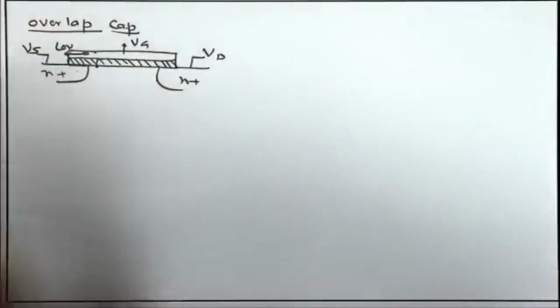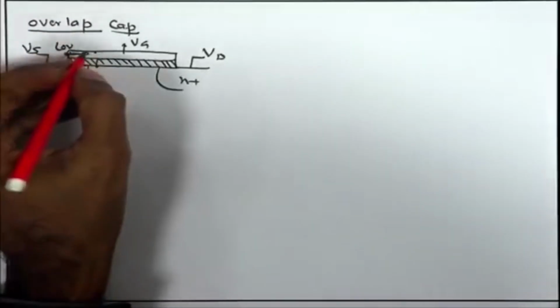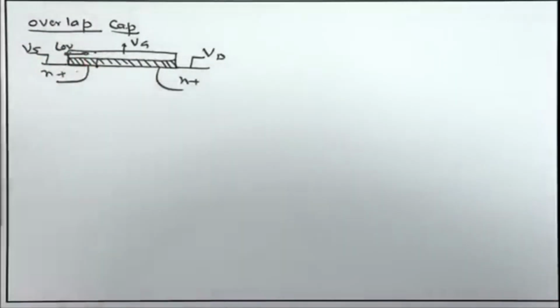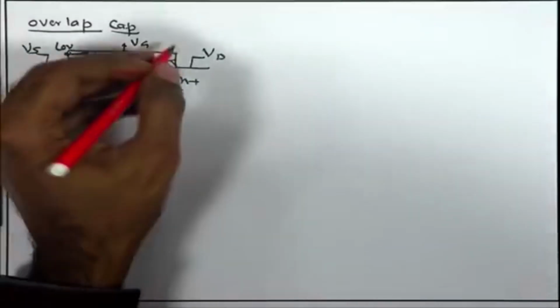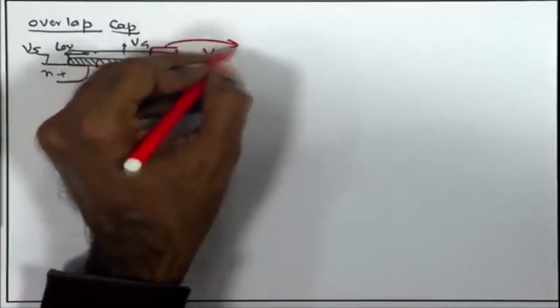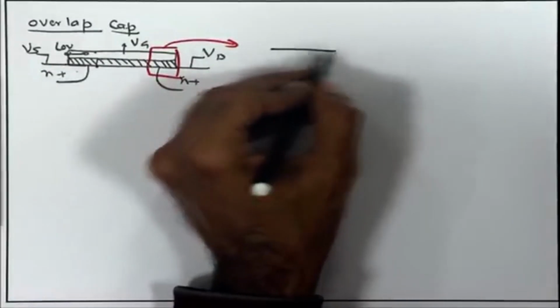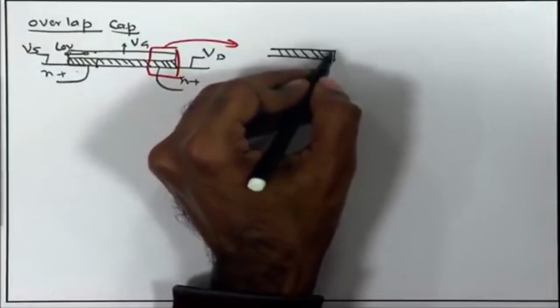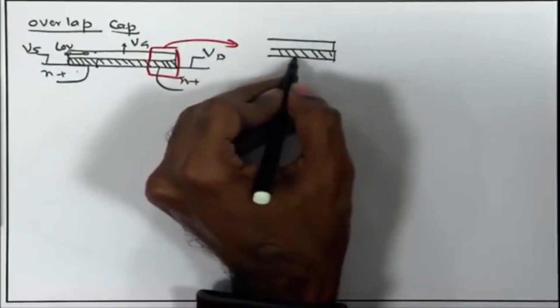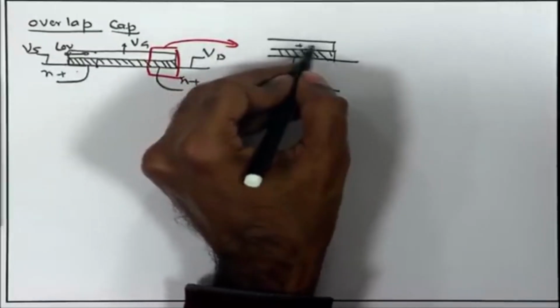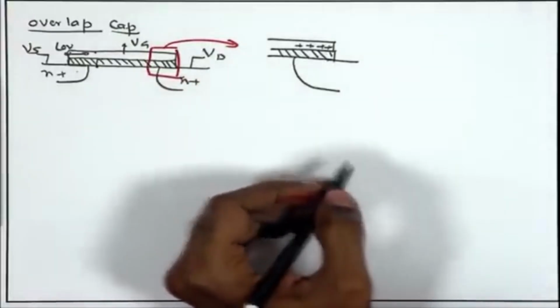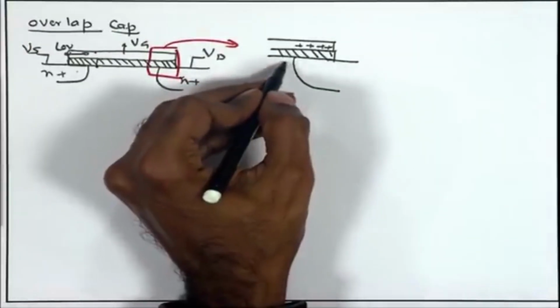Now, in this region, the positive charge on the gate is uniformly distributed all throughout the metal. If I zoom into this region and look at the phenomena that is happening there, whatever positive charge you are putting here is not balanced by the channel charge.